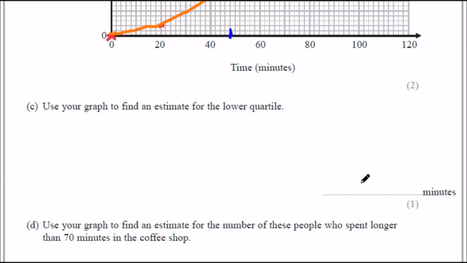I need a straight edge. Draw a line across about here. And what value is this? If we look down carefully, this is about here. That's 40, 50, so that's 48. So that's 48 minutes.